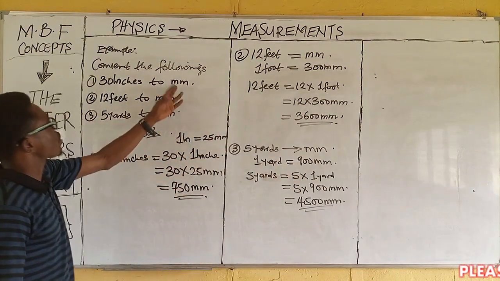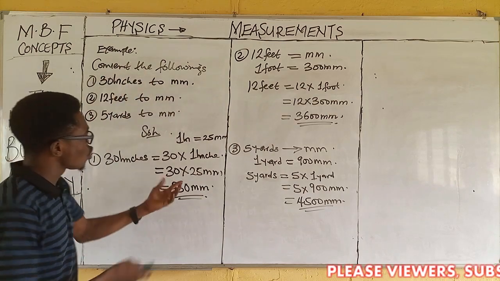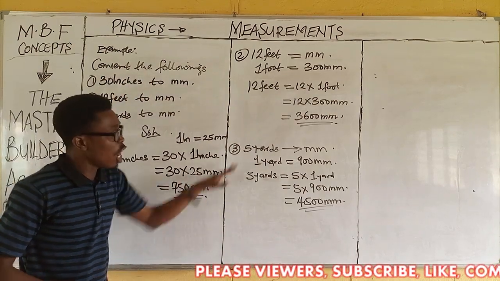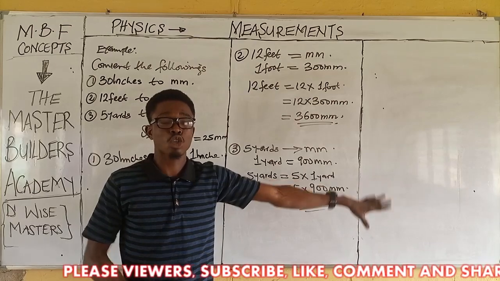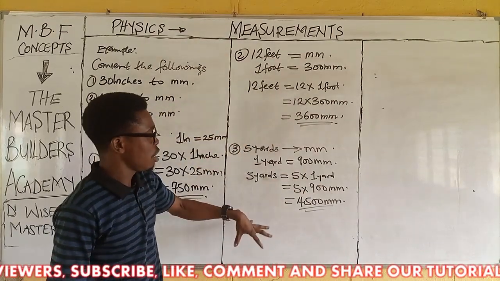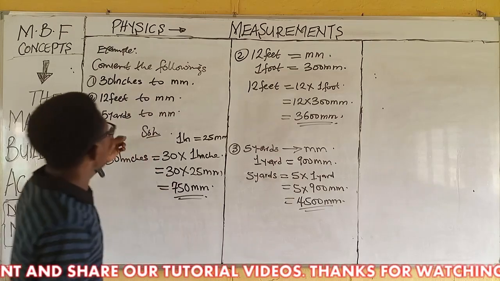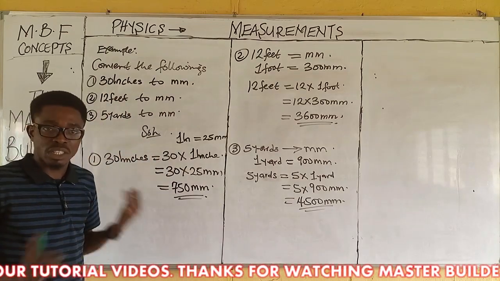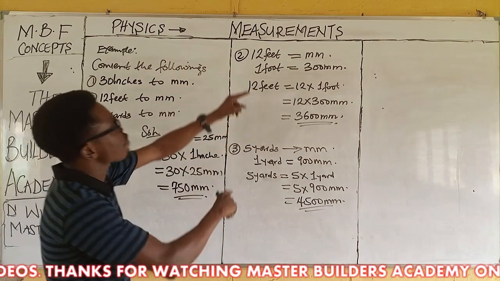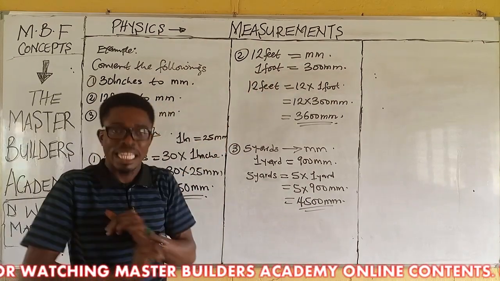Now, if I want to convert from millimeters to the other units, all I need to do is to divide instead of multiplying. All of this now I multiply through. Is that correct? So to convert from millimeters to any of these other units that are here, to convert from millimeters to what? Inch, I divide by 25. To convert from millimeter to foot, you divide by 300.